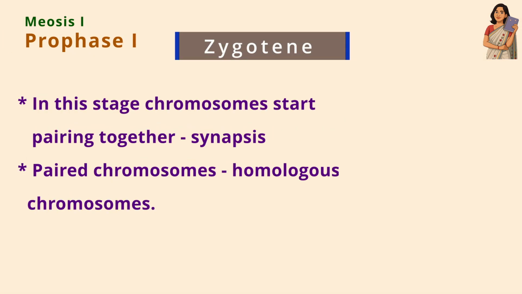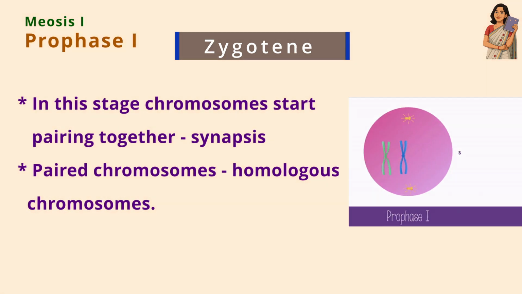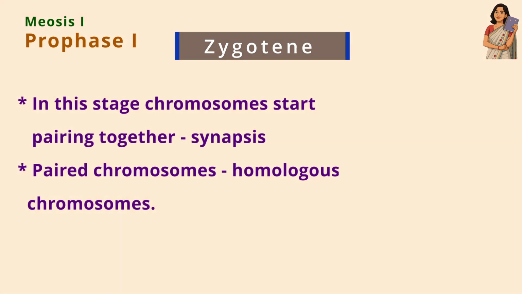The second stage is Zygotene. In this stage, the chromosomes start pairing together, and this process is called synapsis. These paired chromosomes are called homologous chromosomes.